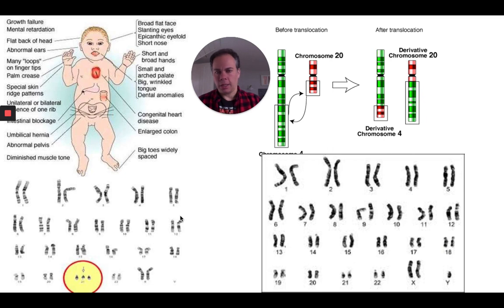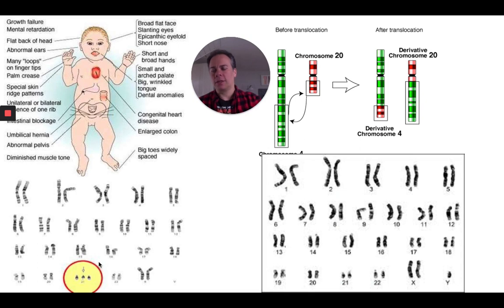Okay. And again, what we see is 3 chromosomes here. So in all of the other pairs of chromosomes, there's 2 chromosomes, or 1 pair. But then we get down to the 21st chromosome, and there's actually 3.